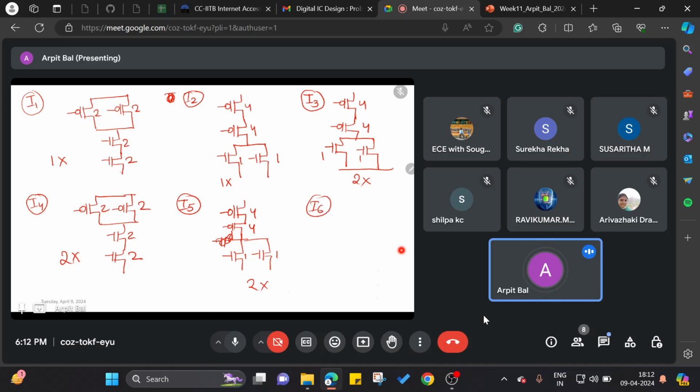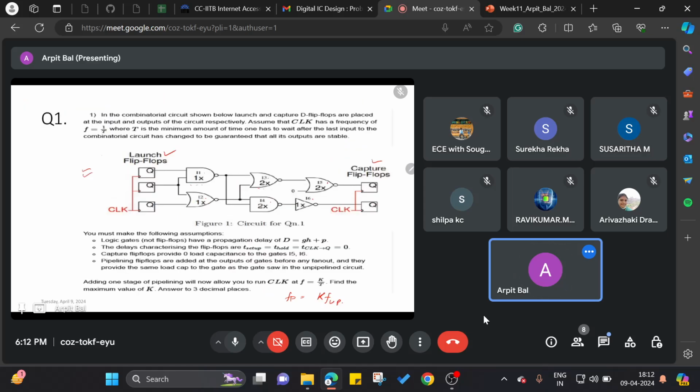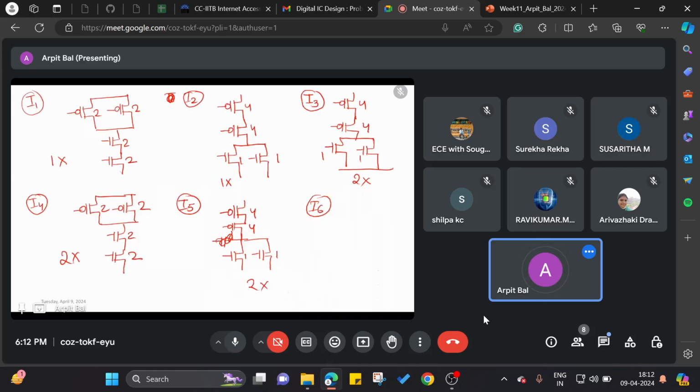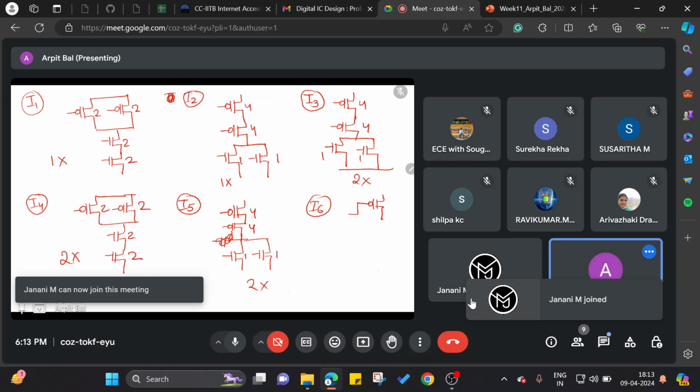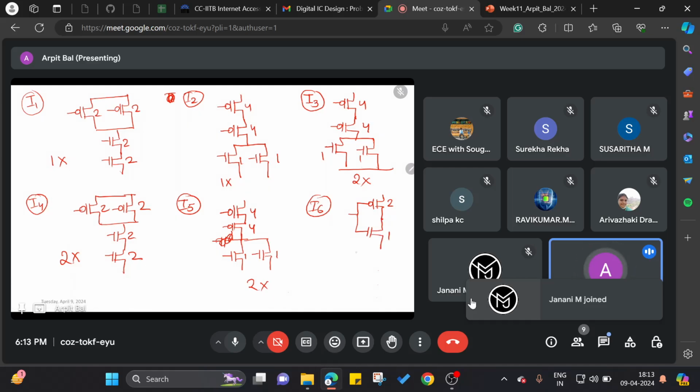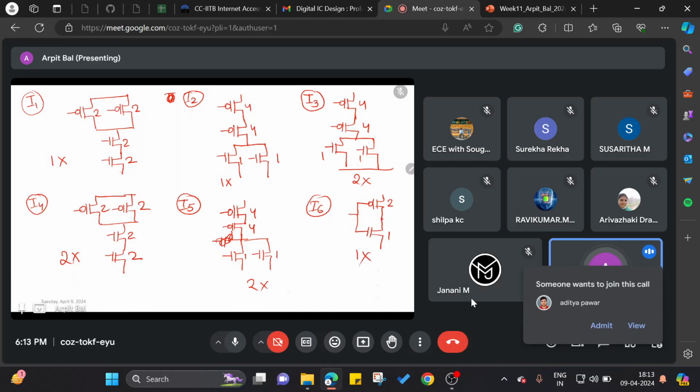Let me check what was I6. I6 is an inverter, a normal inverter whose drive strength is 1x.